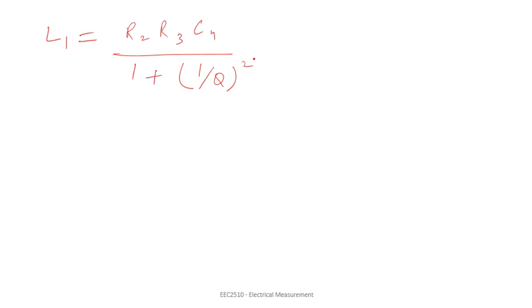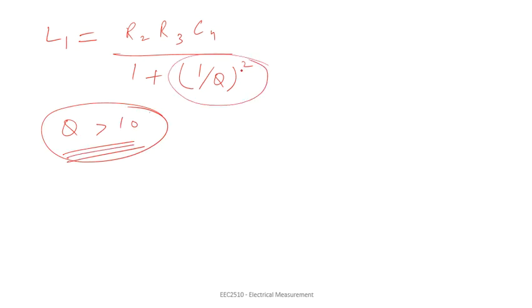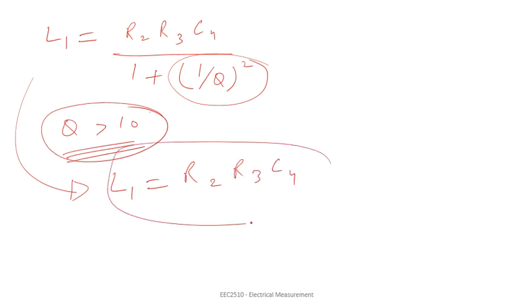Now for the higher values of Q, let's suppose when Q is greater than 10, or even greater values, this term actually becomes very small, and therefore it can be neglected. Then the approximate expression of L1 comes out to be R2 R3 C4.